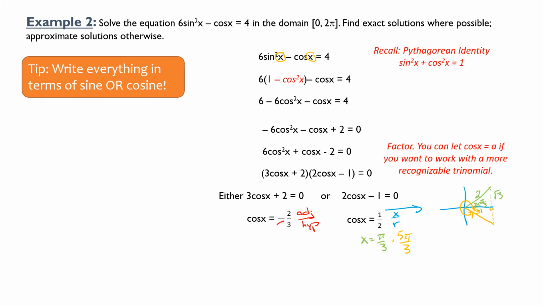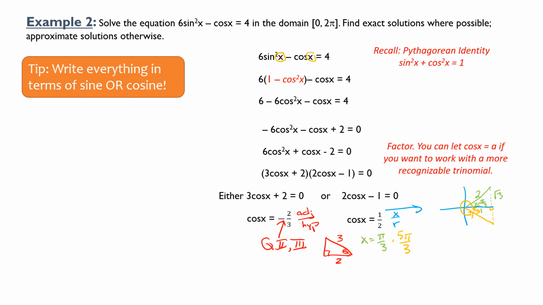The negative tells me that I'm going to be in quadrants 2 and 3, but I don't have a triangle. Let me just draw one here. So here's a triangle. Here's my angle in here, where my adjacent is a 2 and my hypotenuse is a 3. We don't have a triangle that we have memorized for that.